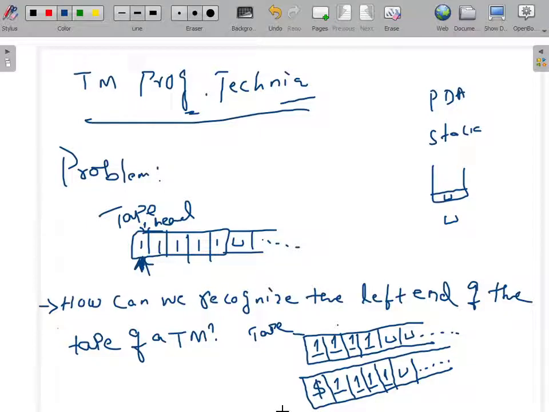You must move to the right-hand side. The Turing machine works on a tape, and in one step it can move either to the left or to the right. If you are at the left end, it is not possible to move left. With the help of the dollar symbol you can easily recognize this.